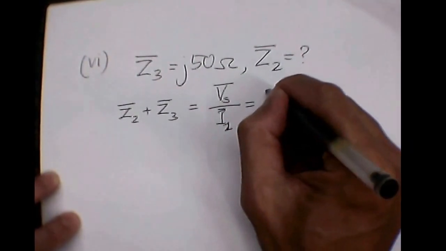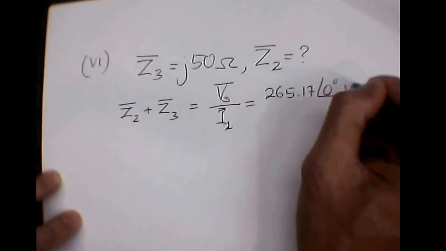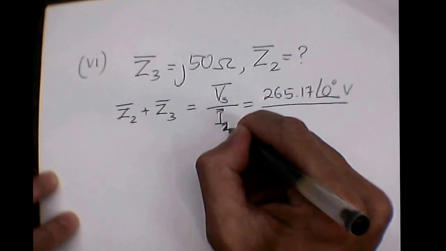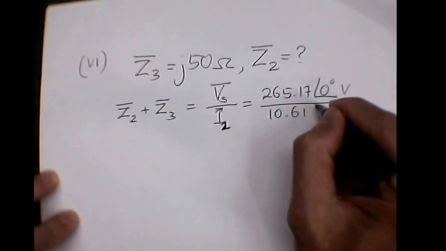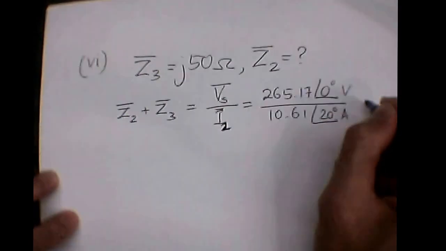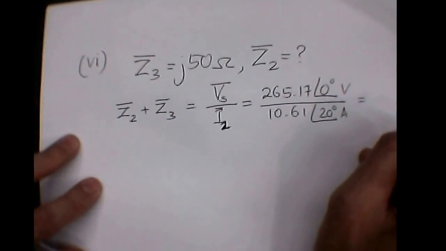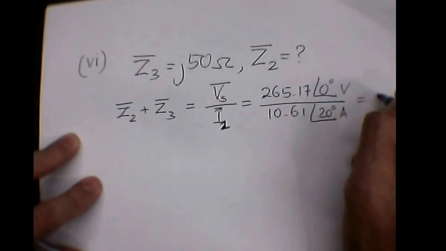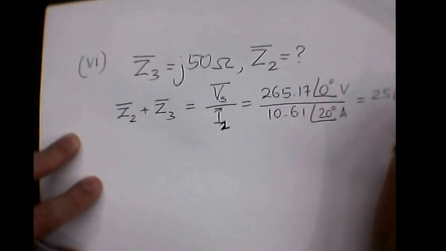So Vs is 265.17 at an angle 0, divided by the current of branch 2, which is 10.61 angle 20 degrees, which gives us a value of 25 at the angle of minus 20 degree.